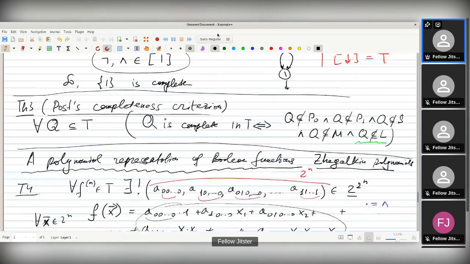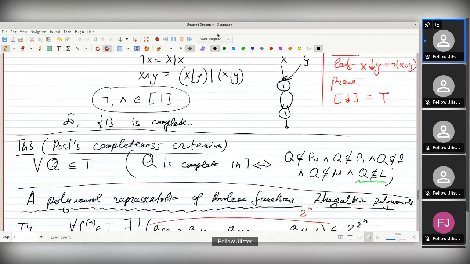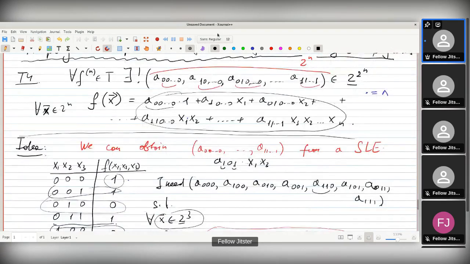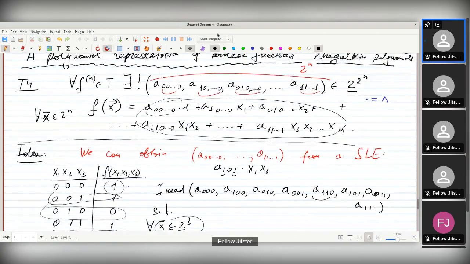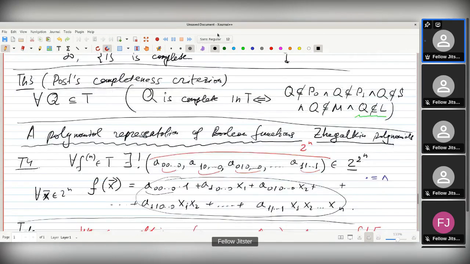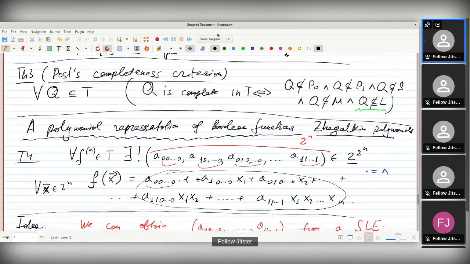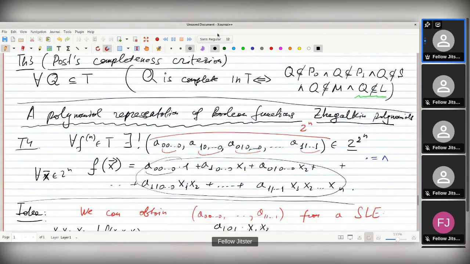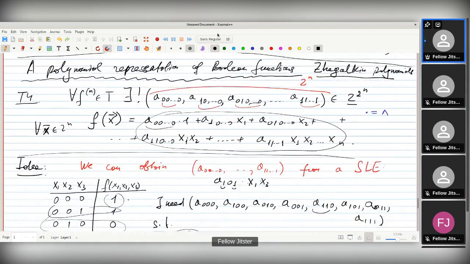Okay. So by solving such an equation, we can check every function, whether it is linear or not. Because a function is linear if and only if it has no monomials of degree greater than 1.